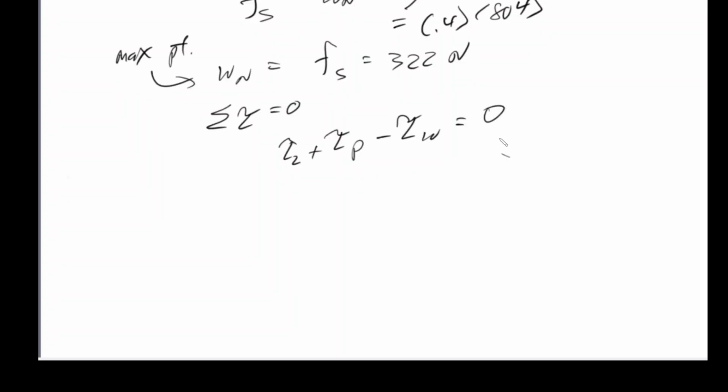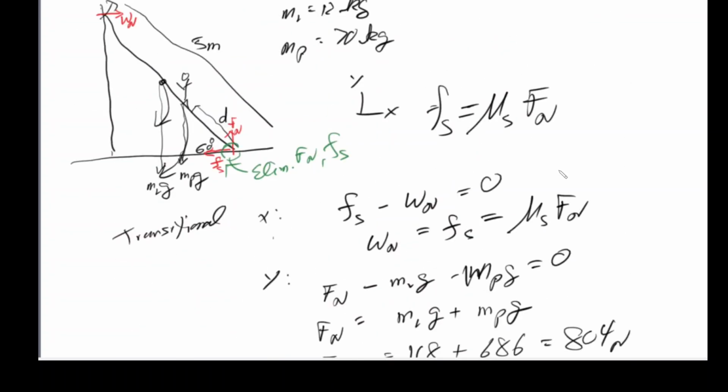And this becomes the weight of the ladder, which is m sub l g, times the distance that the center of gravity of the ladder is from our axis point, which is 1/2 L cosine theta, plus the weight of the person times that distance, which is d cosine theta, because if you go back up here, here's d, and here's cosine theta, and this would be the torque.